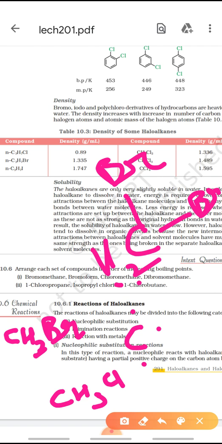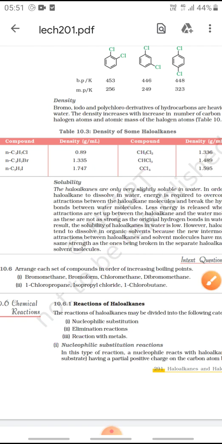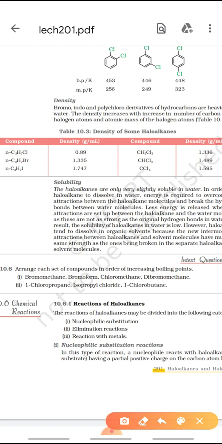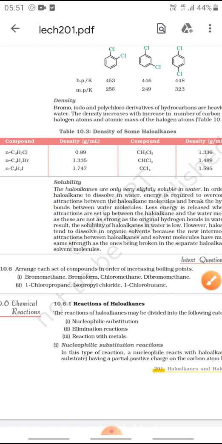Now if we compare, we can easily compare on the basis of molecular mass. You can arrange them in the order of increasing molecular mass, and you will get the order of boiling point. For the next set, you have to consider the concept of branching. 1-chloropropane is a straight chain compound.